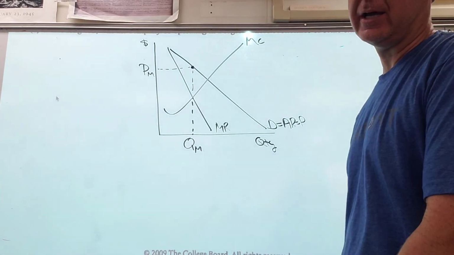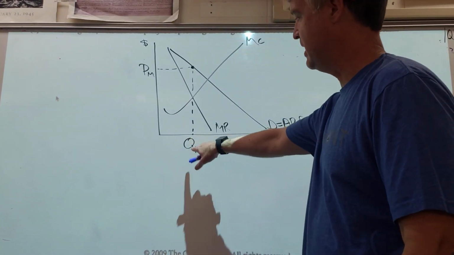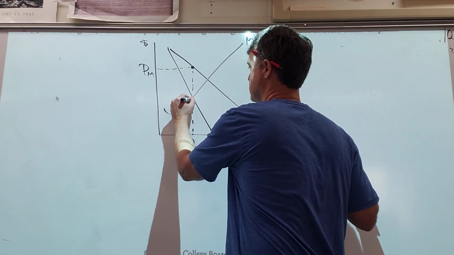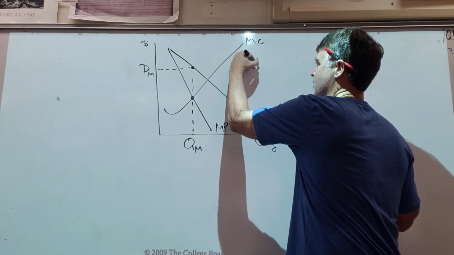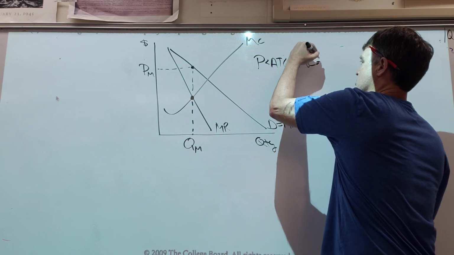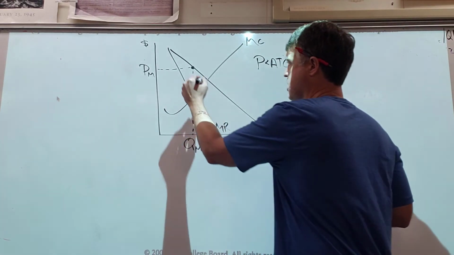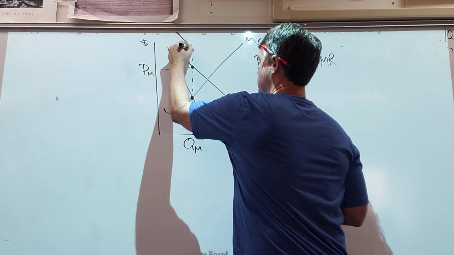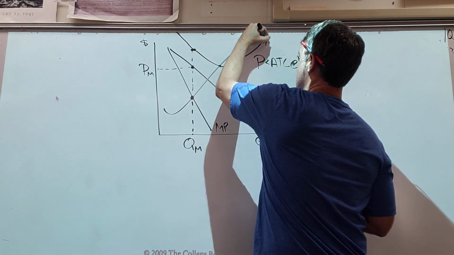Now we have to worry about that thing that says a loss. So what does a loss mean? A loss means at the quantity I produce at MC equals MR, which is right there, if we have a loss, that means the price is less than ATC at that quantity. So ATC must be somewhere up here. Remember, it has to hit MC at its minimum and go back up.